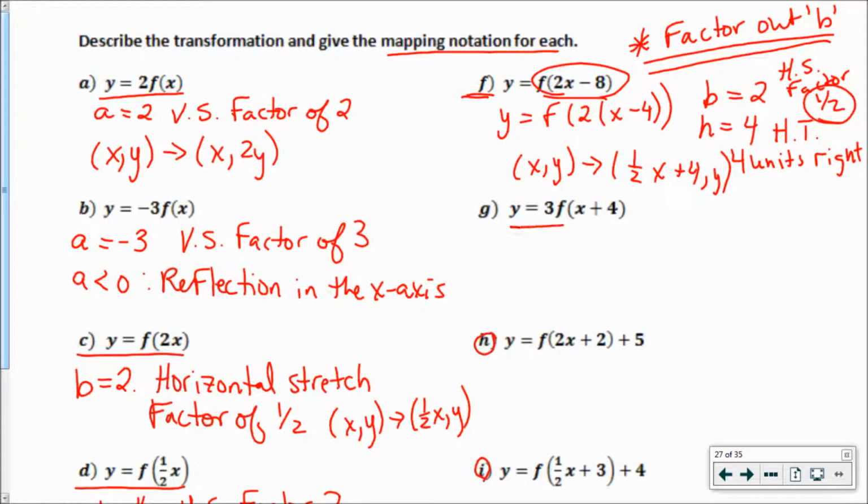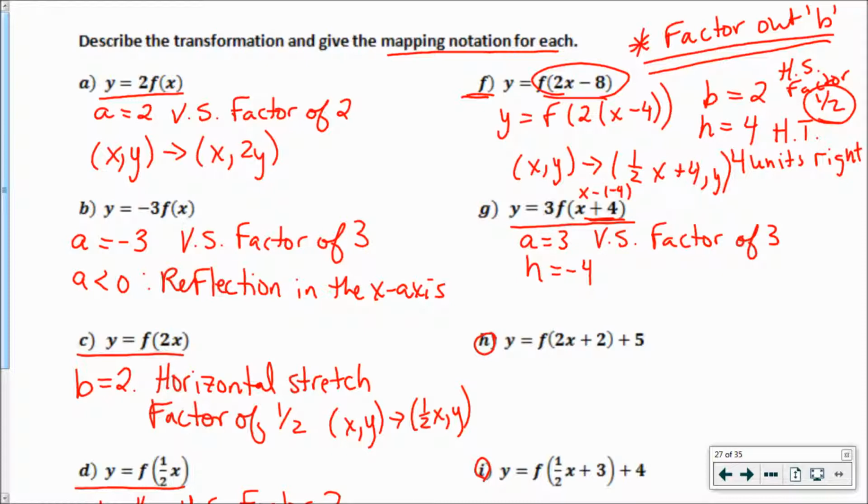Looking at exercise G, I've got an a value of 3, so that tells me vertical stretch, factor of 3. And I have an h value of -4. Remember, the sign that I see up here is opposite, because this is really x minus -4.